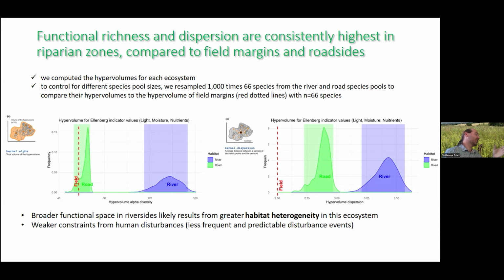There is a strong gradient from close to the river to higher elevation and more dry parts of the river corridor, and also weaker and less predictable human disturbances, which allow for the persistence of more functionally diverse species, which are not filtered by more regular management practices.